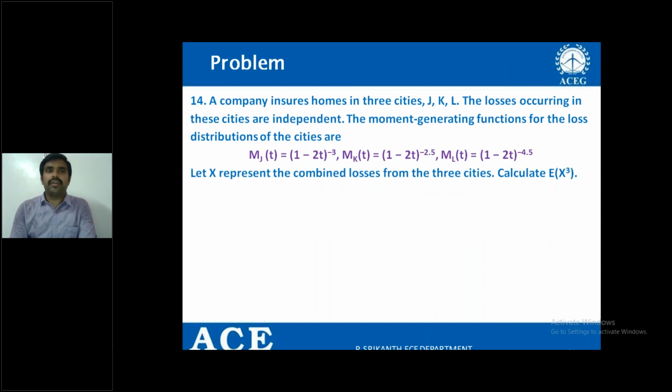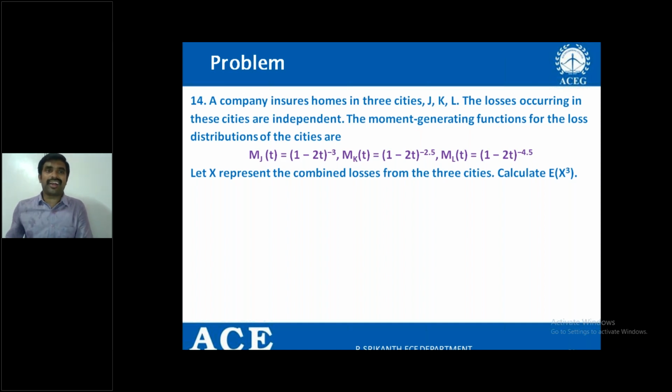Simple problem, again the same type of problem. A company insures homes in three cities. So what are the three cities? J, K, L. Let us say J for Jaipur, K for Kolkata, and L for Lucknow. The company is insuring the homes in three cities.